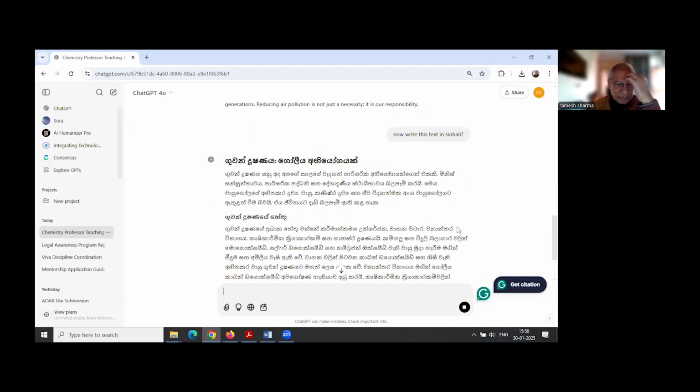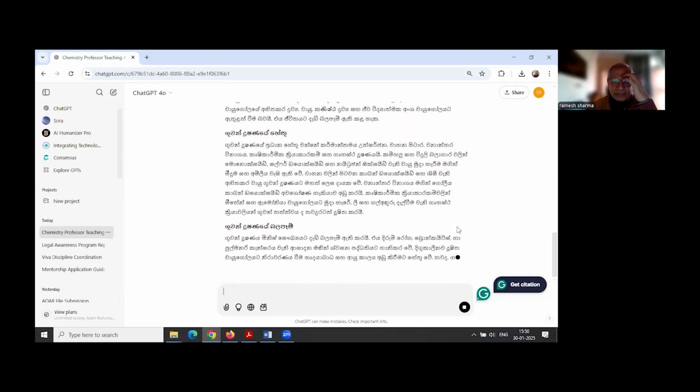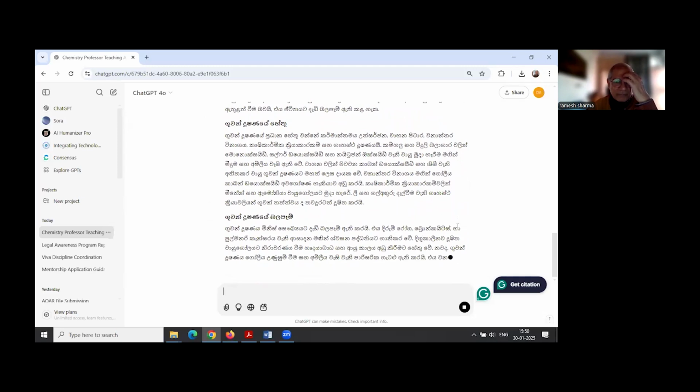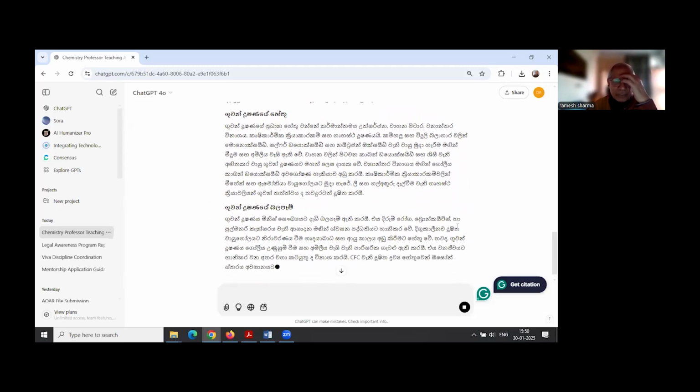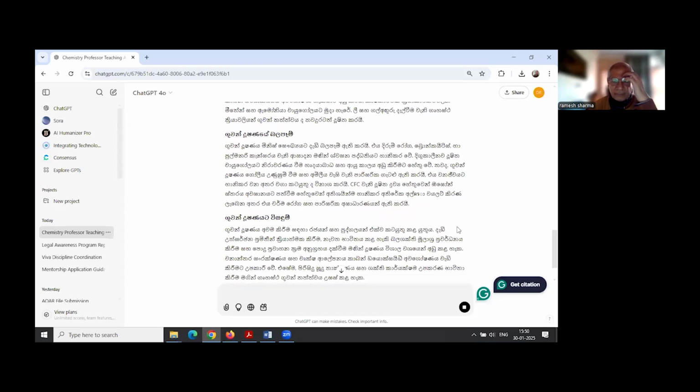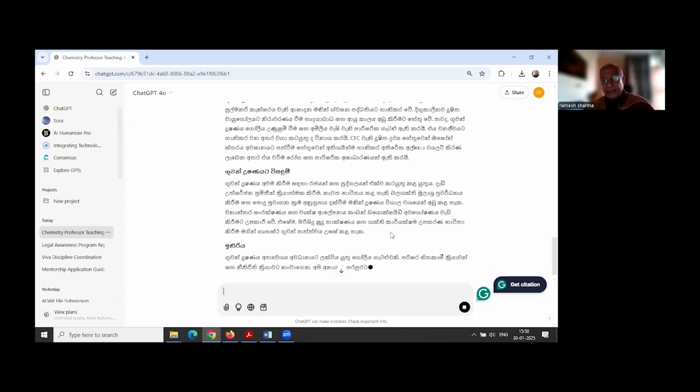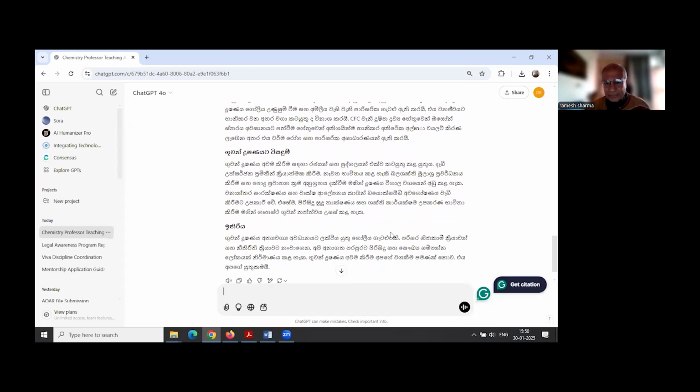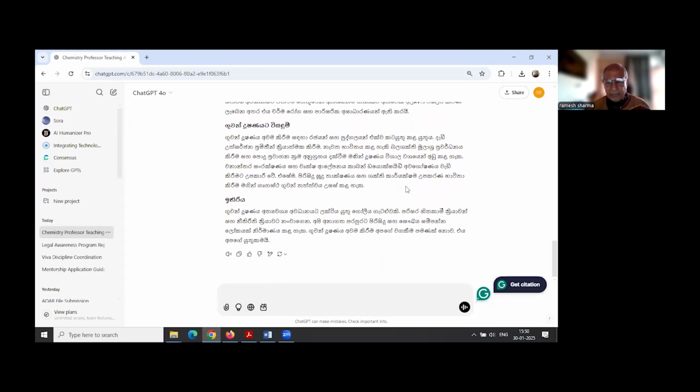I think it is similar to Tamil, or it may be Tamil only. In fact, if you give your instruction in this language, then it can give you the response in the same language. Anyway, this time I didn't restrict it, so it keeps on typing and giving me the instruction.